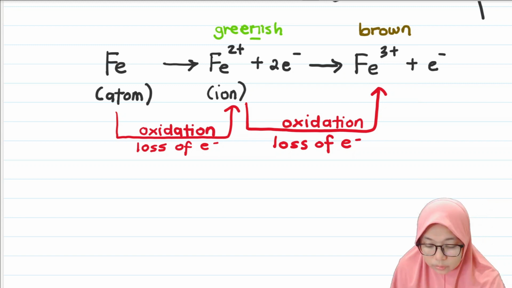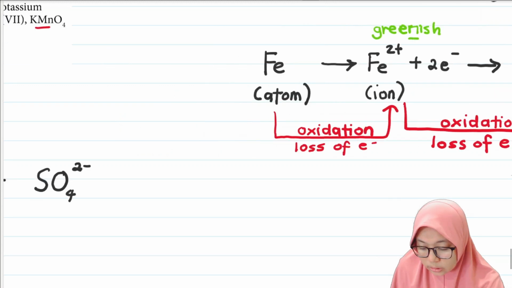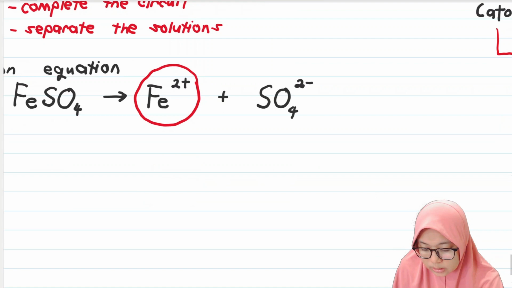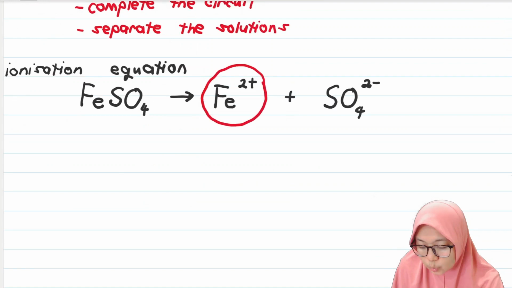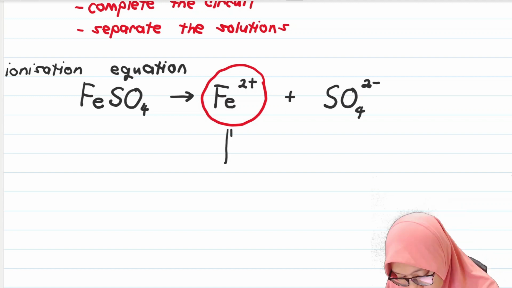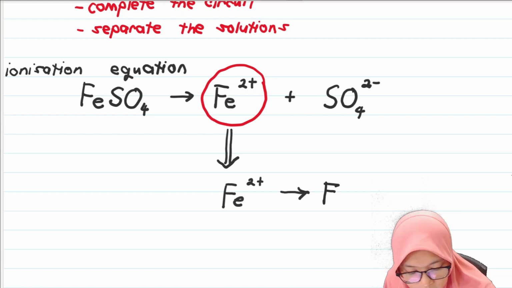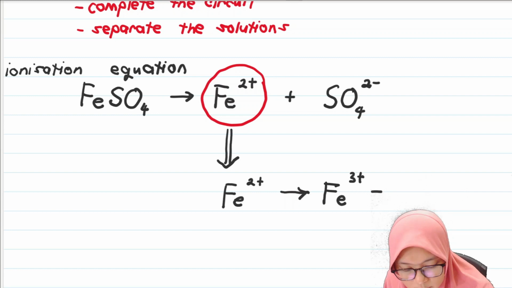Okay, so kalau kita tengok pada reaction ni, when we look at the U-tube just now, what happened is that the iron 2 plus ion, from Fe2 plus, will change to Fe3 plus by releasing one electron.